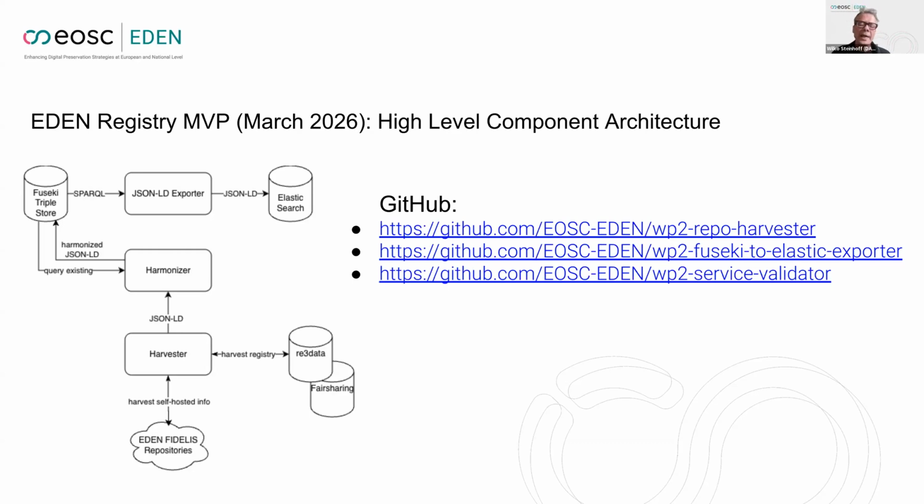And then it is exported to an Elasticsearch instance, which is only used for indexing, searching, and creating facets on the web interface, the user interface, which is not depicted in this overview, but it's on top of the Elasticsearch.